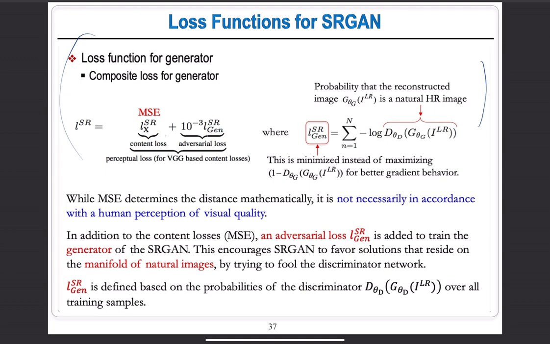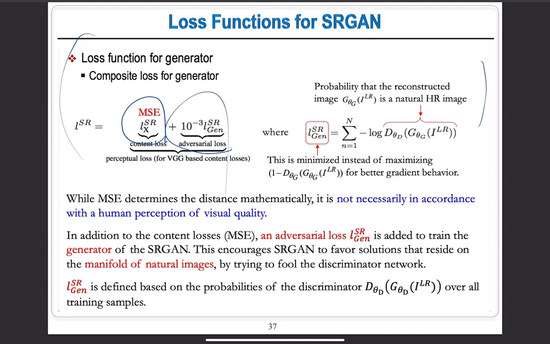MSE loss measures pixel-wise accuracy, and adversarial loss increases photorealism by pushing the generator to produce outputs that resemble the corresponding real HR images.